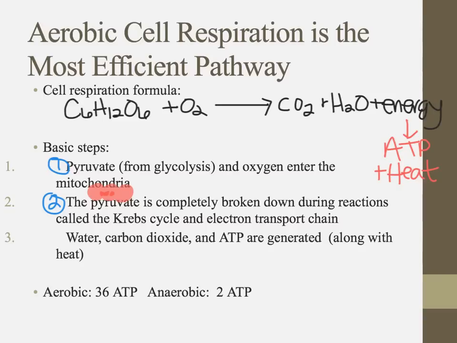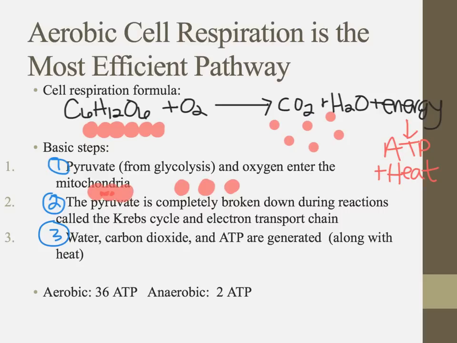So we're starting with glucose, 6 carbons, and we're breaking it down completely. By the end of this, we've broken all of those bonds, and as we talked about earlier, breaking these bonds releases energy. Water, carbon dioxide, and ATP are generated along with some of this accidental heat.